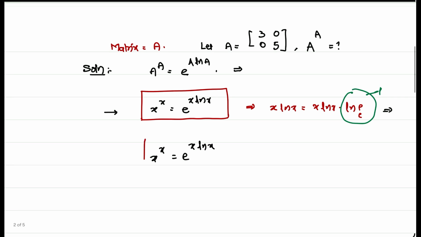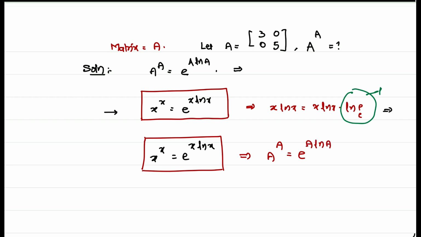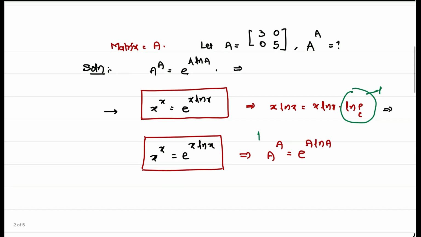In a similar way, can we write A to the power of A is equal to e to the power of A ln A? We may not be able to write it under all circumstances, but it could be written.